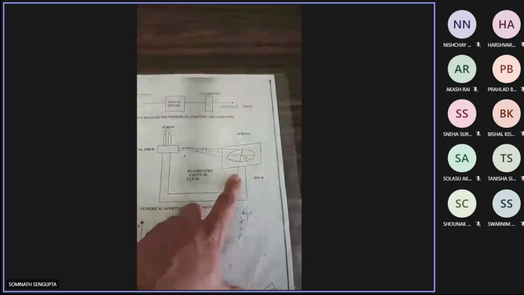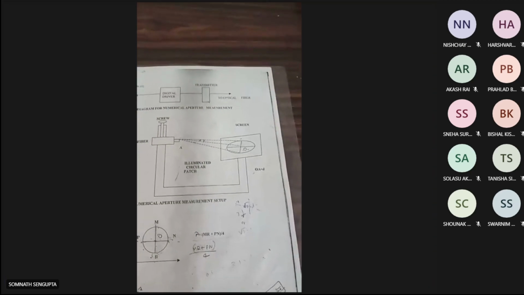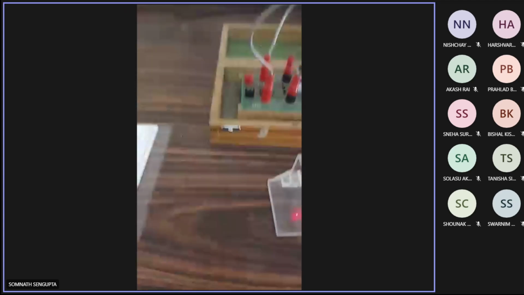And we will vary the distance from the fiber end to the plane where we will project the light. Okay, it will be clear when I show the experiment.